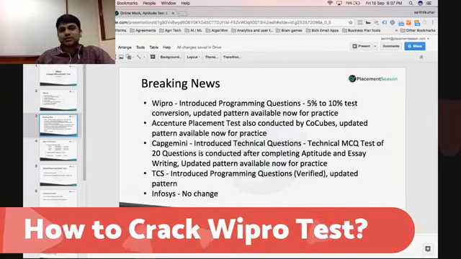TCS has introduced a coding round. So almost all these companies have changed their pattern. Infosys, this year, has not changed. All these updated test patterns are available in our placement season portal, so you can practice all these tests from our side.